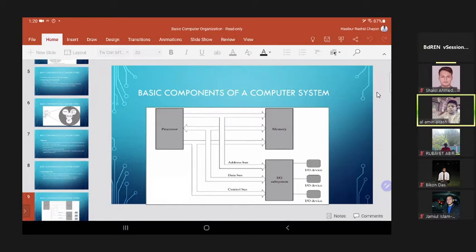Hello, sir. I'm Maniakas speaking. The relationship between the address bus and the input-output system is that we need the address bus for the input-output system. Like I have a 64-bit computer. In my system there is a specific memory location.